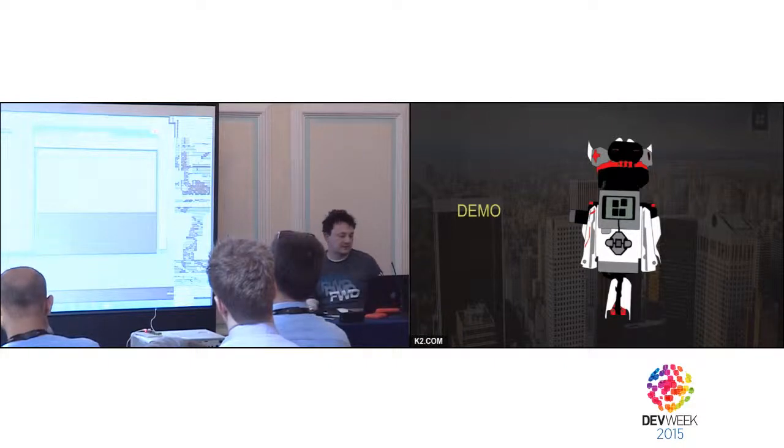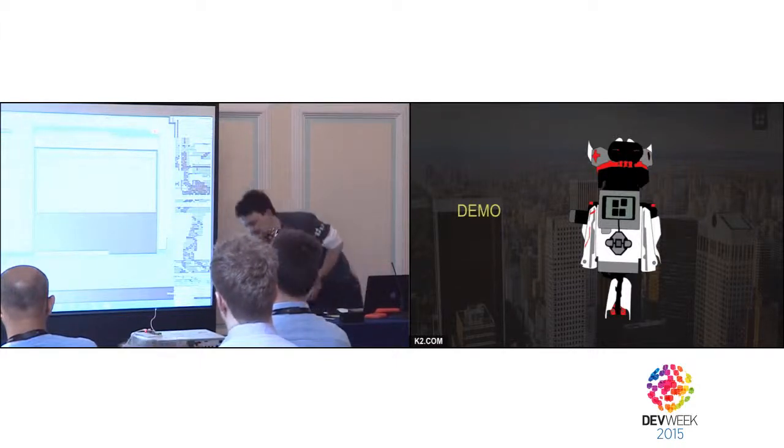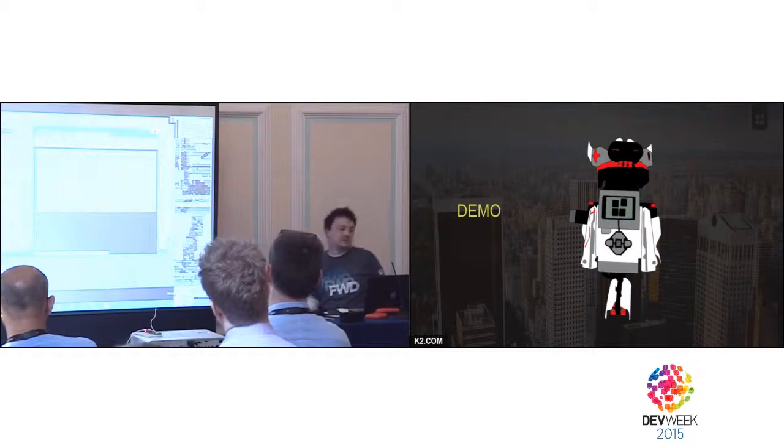I can then type in the IP address of the robot. Just connect it up. We can do things like set the speed, and then we can make him go forward.